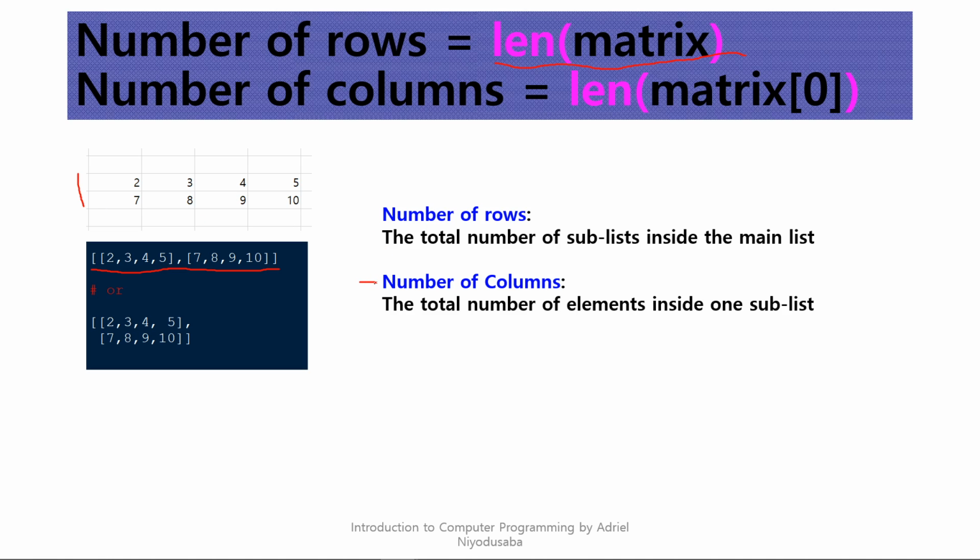To calculate the number of columns, we need to grab one row and figure out how many columns it has. So I grab one row here, specifically the first row, and I check the length of this first row because it's a list itself. So assuming that all the rows have the same number of columns, then I can assume that the length of the first row is going to be the same length for all the rows.